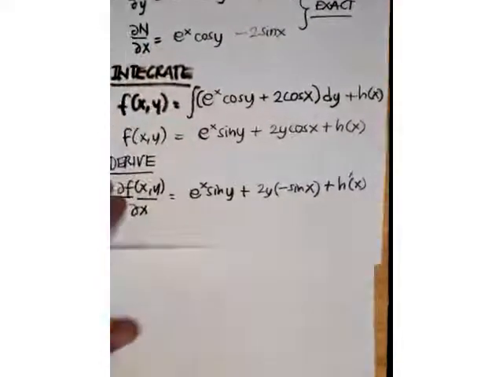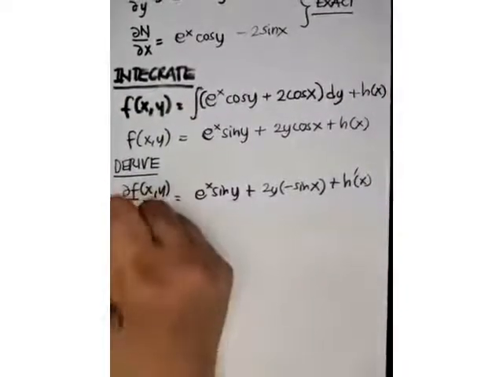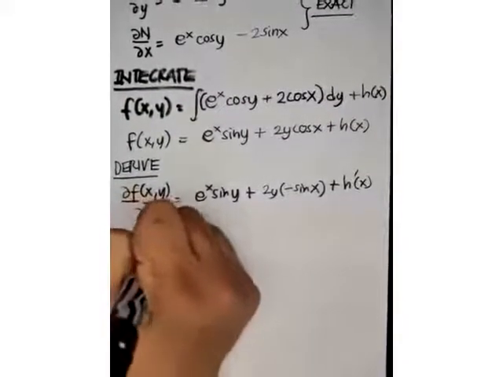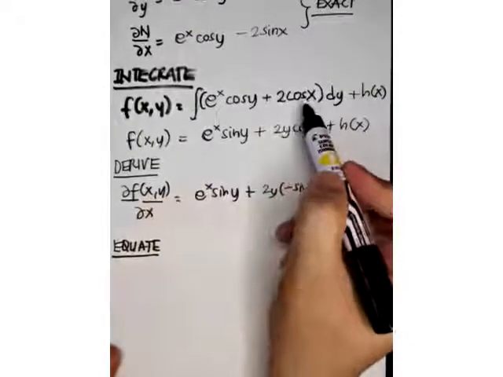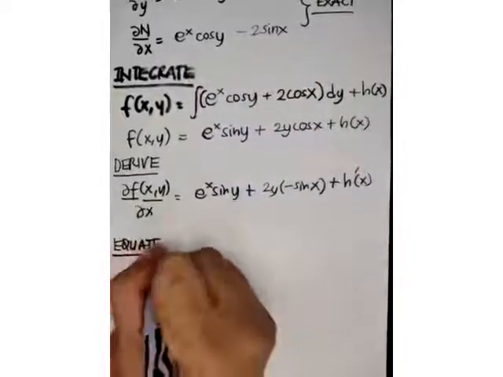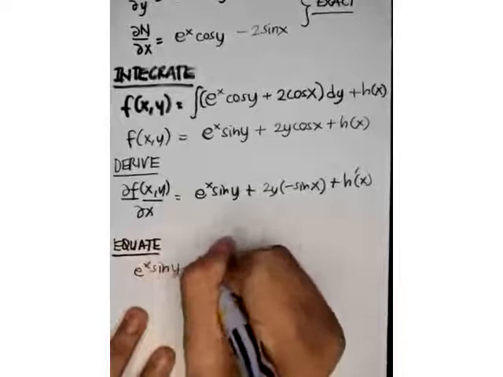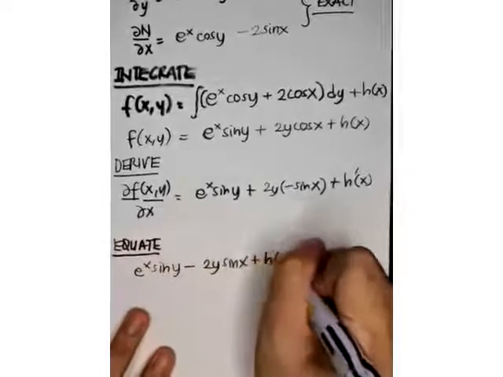And then we equate. Since we chose N, this time we will equate it with M. So I'll just copy it: e raised to x sine y minus 2y sine x plus h of x prime.